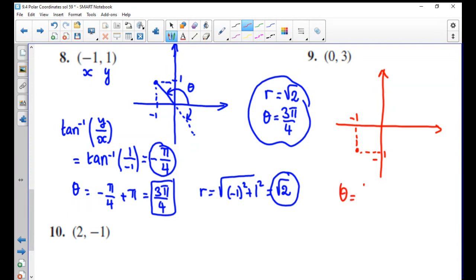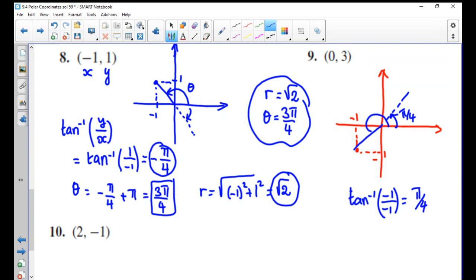Now, if you take tan minus 1 of minus 1 over minus 1, you will get pi over 4, which is this angle. Is that our theta? No, our theta is all of this. So you need to add pi in quadrant 3.